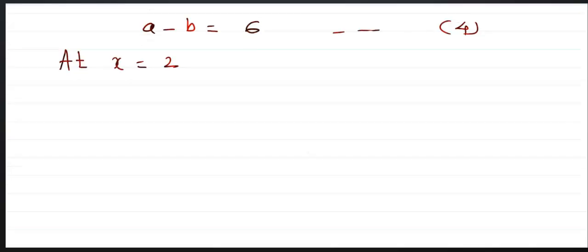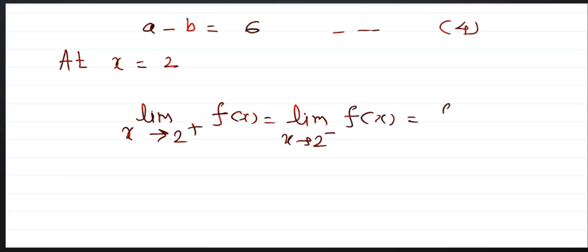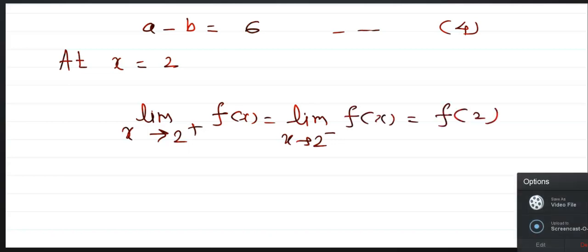Now next, at x equals 2, the limit as x tends to 2 plus, that is the right hand side limit. Therefore you will get this here.